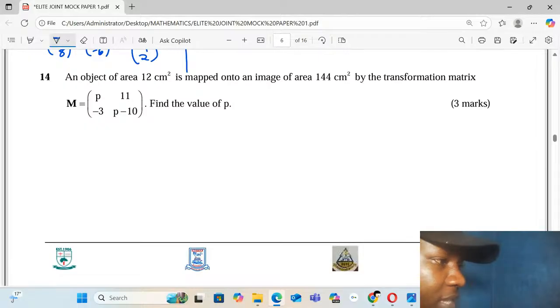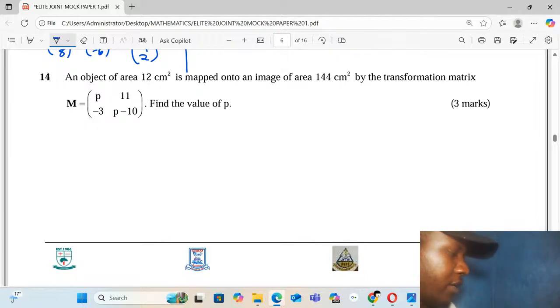They are saying the object of area 12 square centimeters is mapped onto an image of area 144 square centimeters by the transformation matrix M, which is (P, -3; 11, P - 10). So find the value of P. So that is the two areas of the image and the object, and then it is mapped by that transformation.